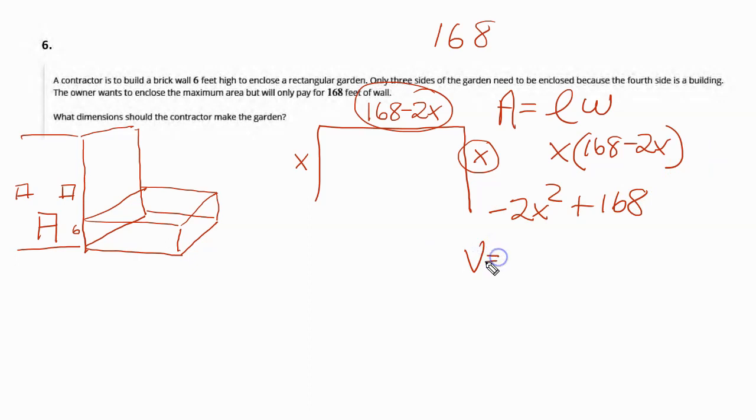So we're going to solve for the vertex. The vertex is a negative b over 2a. Now, b is, there's an x there, b is 168. So this is a negative 168 over a, which is negative 2, so this is a negative 4, which then gives us 42.